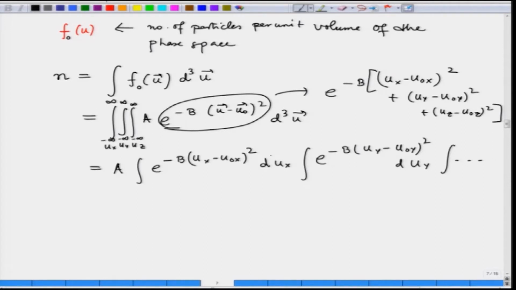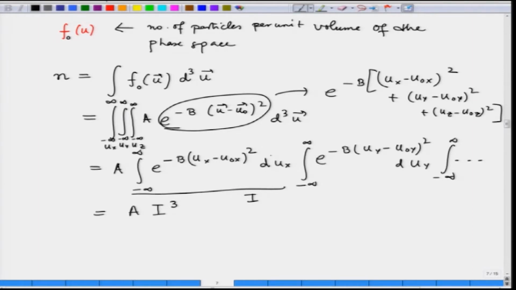Here you can easily understand that all these integrations from minus infinity to plus infinity must have the same value, because they are just changing the variables. The functional forms are exactly the same. So this integration I call I, so a I cube should be equal to n.